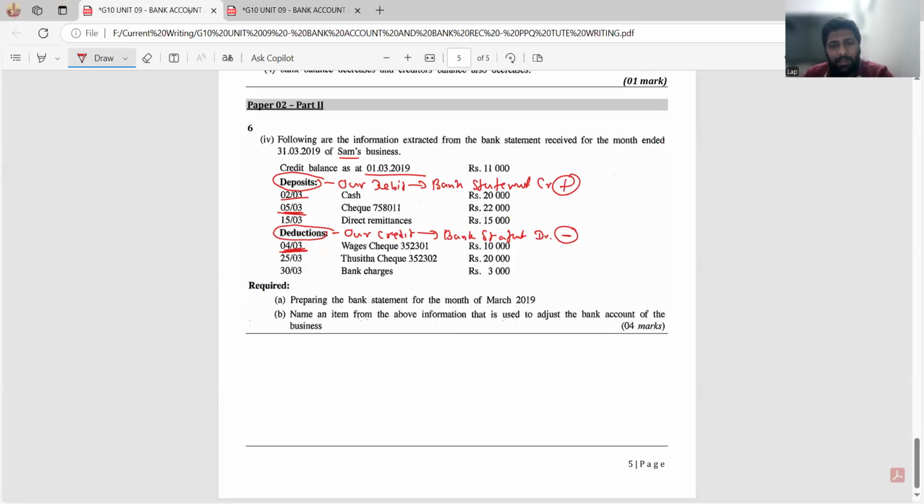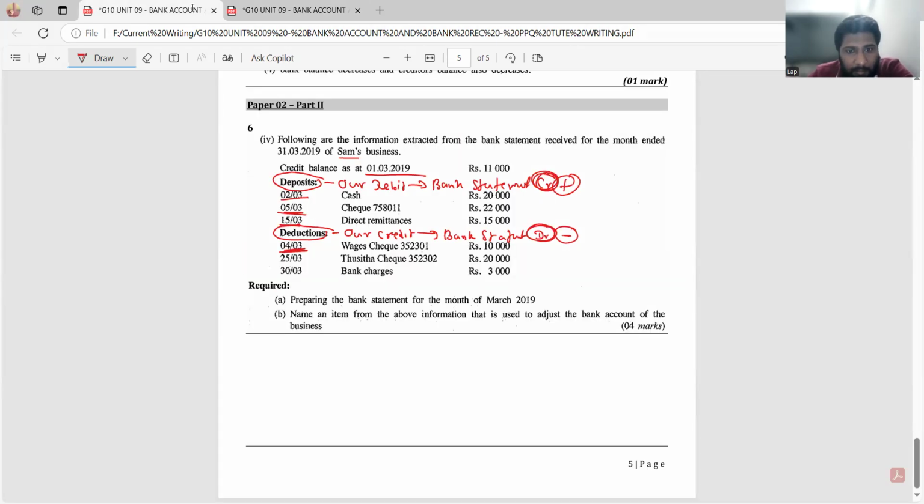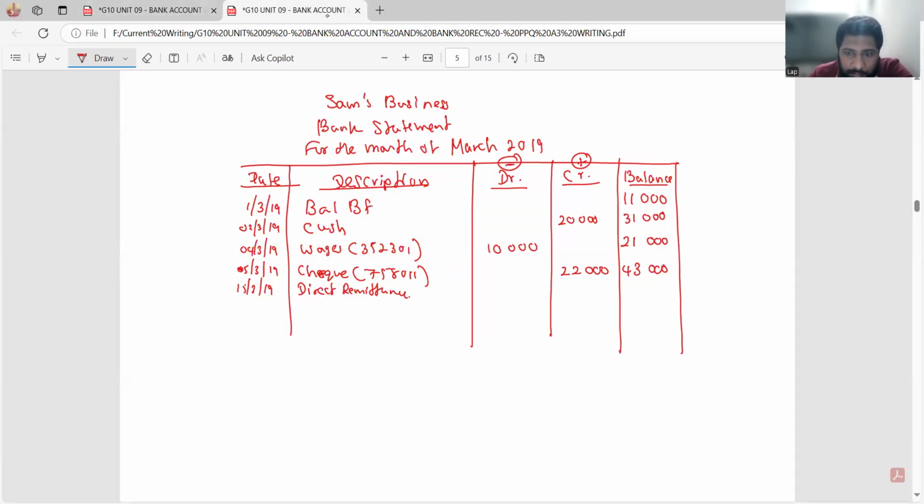Because it's a deposit. A deposit in the bank statement should go to the credit side. Deduction should go to the debit side. Next one, we have 15/3. Direct remittance. Amount 15,000. And this will go up to 58,000.